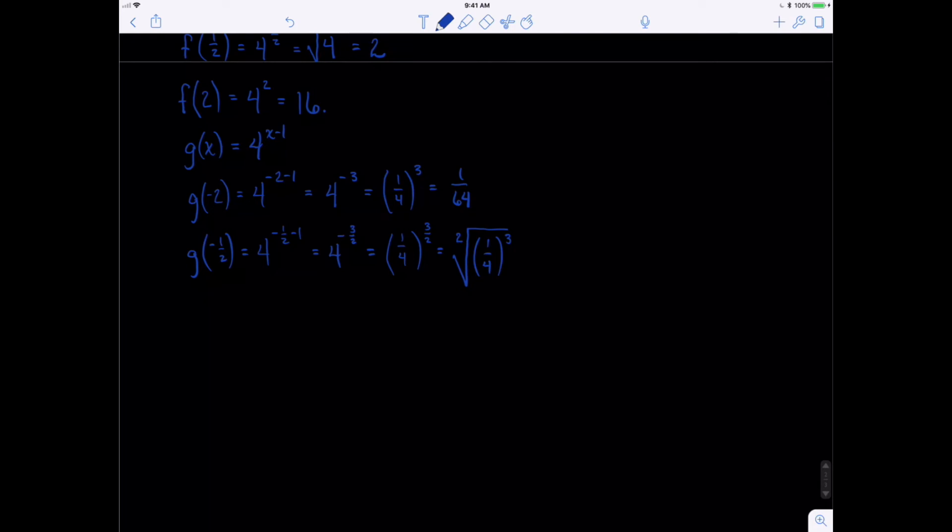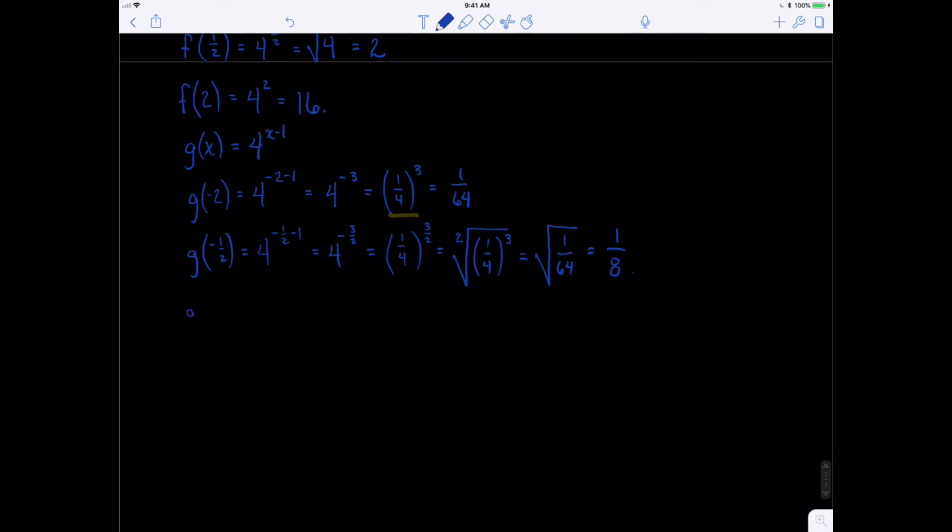Well, look at this. Right up above, we found 1/4 cubed. That's 1/64. So this is simply the problem of the square root of 1/64. And we work out the square root of 1 is 1, and the square root of 64 is 8.